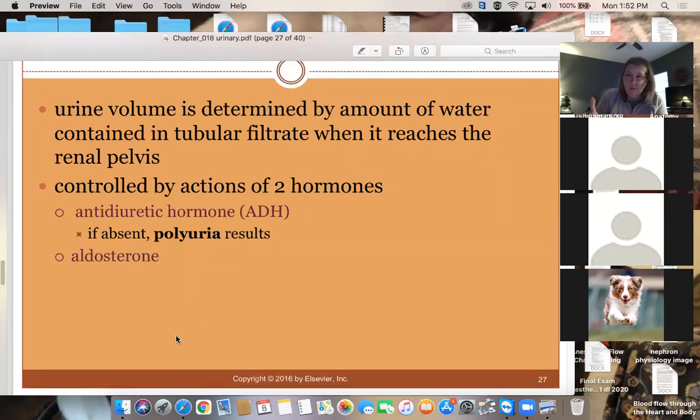And as a consequence of urinating all the time, they tend to drink more. So when we have an animal that's PUPD, a lot of times, like I said, they go together. But what typically happens is the polyuria happens, then the polydipsia. Some other disorders like diabetes, they're typically polydipsic first, and then they become polyuric. So it's kind of like I said, chicken and egg thing, what comes first?